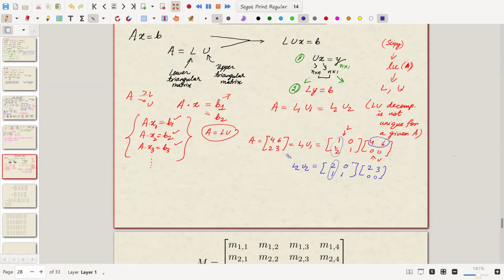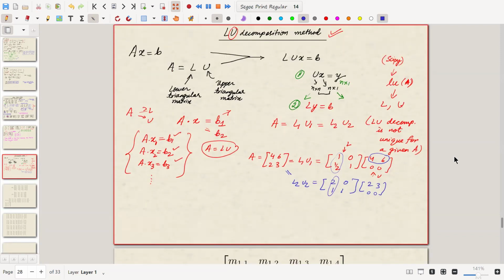I think this should be enough for LU. I should not write a lot of equations and confuse you. But you got the basic idea, is it? So what is the basic idea? It's another way of solving a system of linear equations.